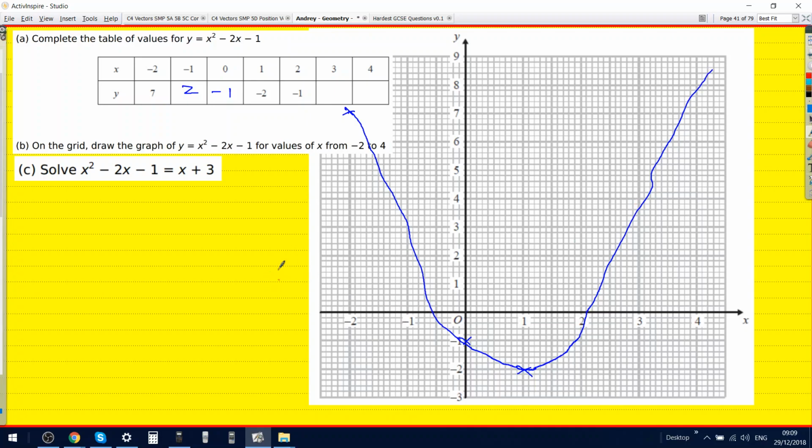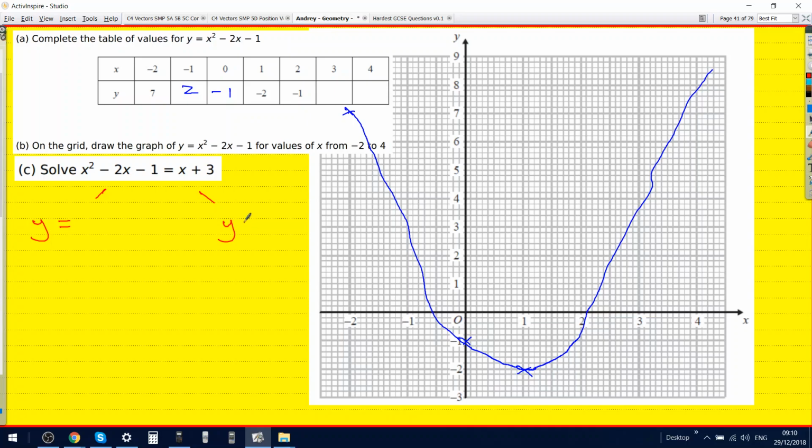Okay, how do we do this? So where it says x plus 3, does that mean that we just need to add an extra x, wherever y equals 3 is?